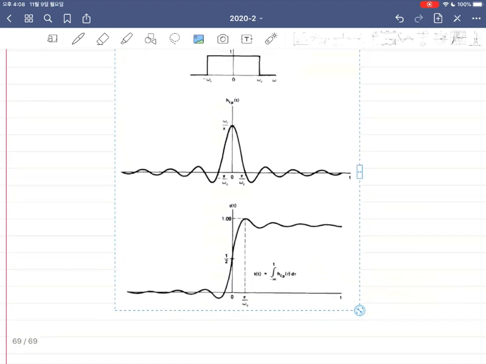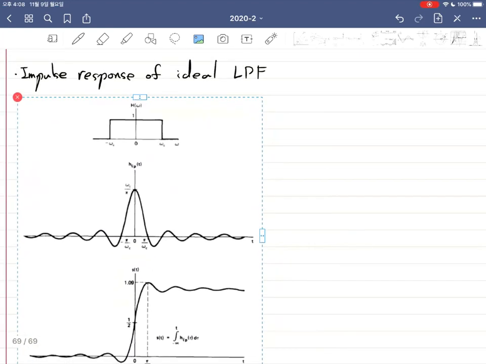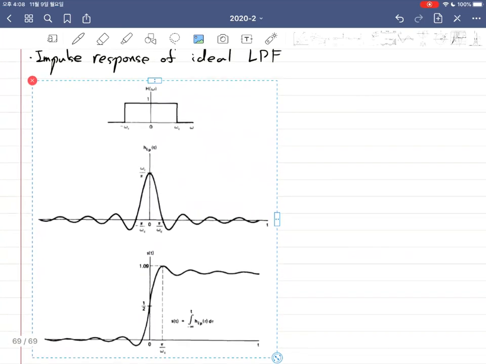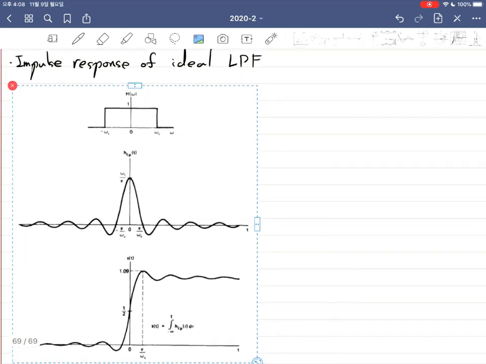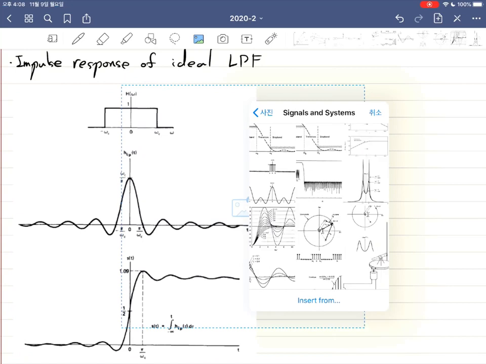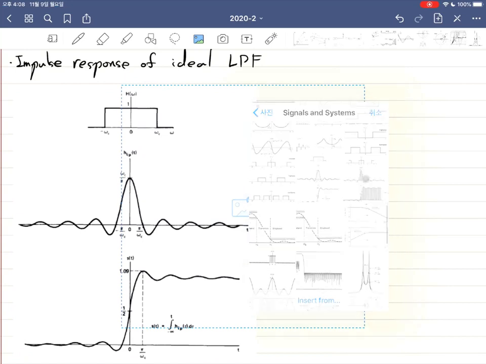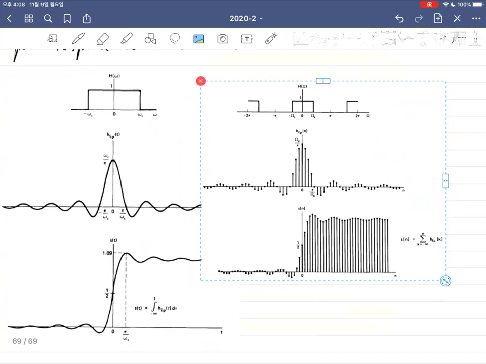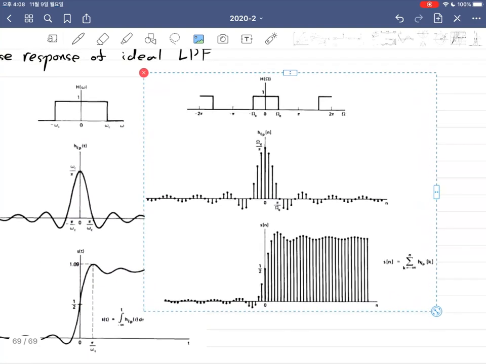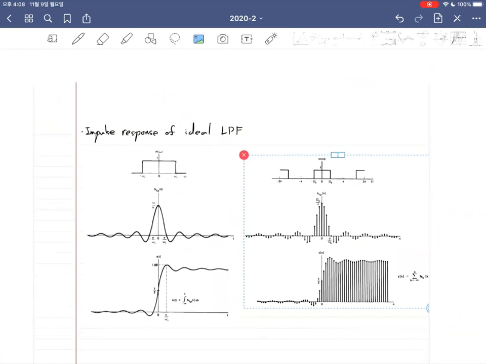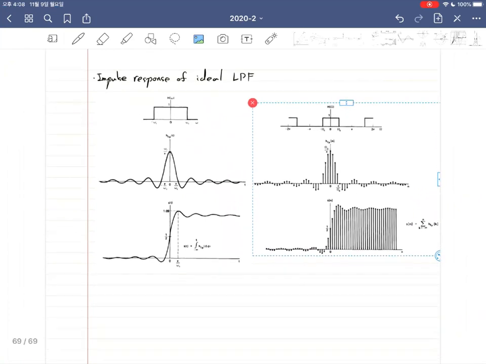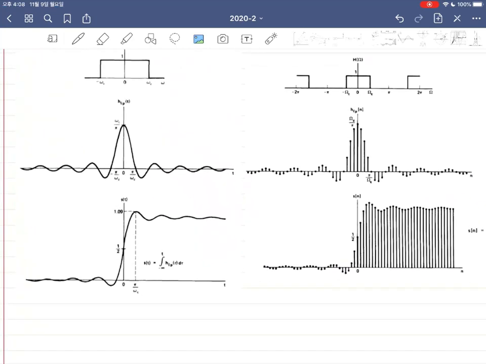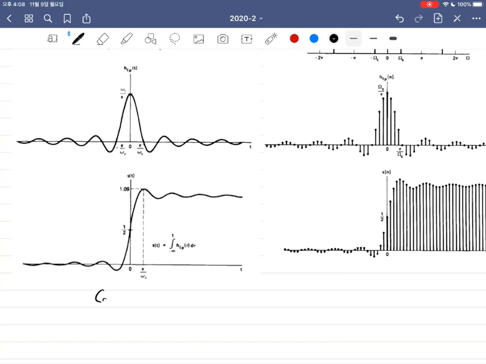For continuous time case, you have this impulse response, and with the discrete time case, you have the similar one. So they are pretty much the same for both continuous time and discrete time.